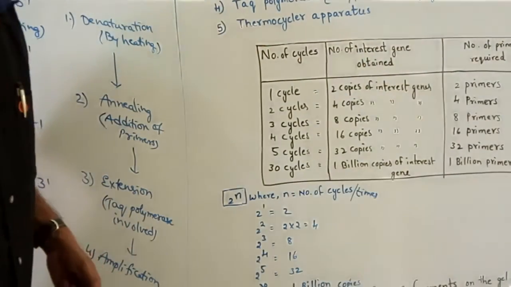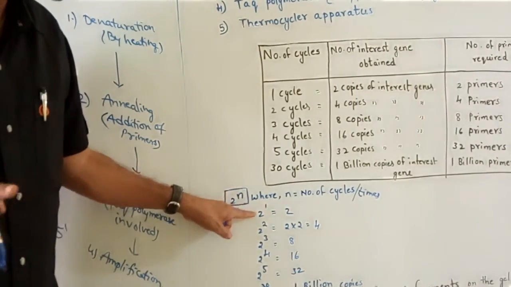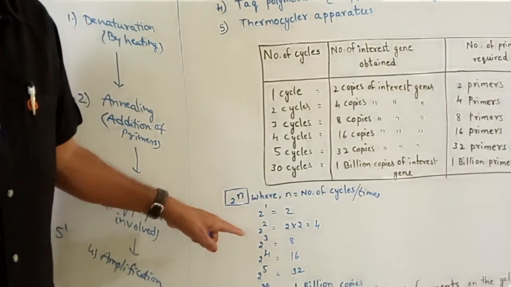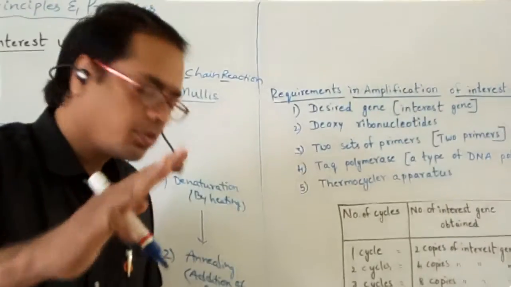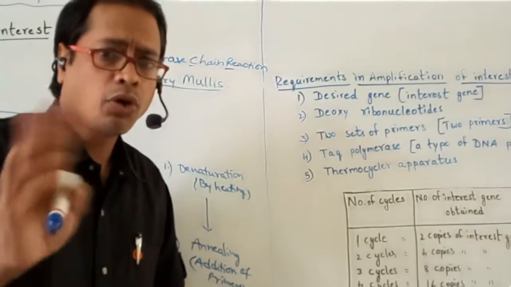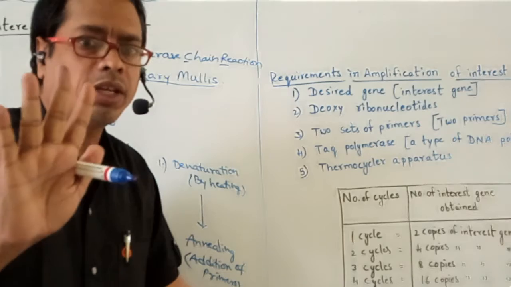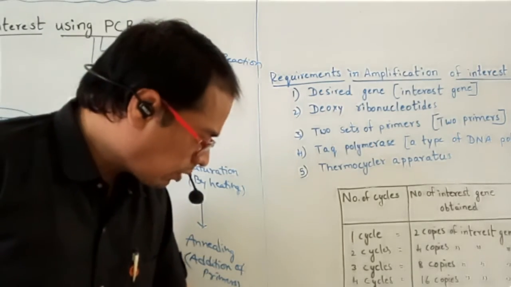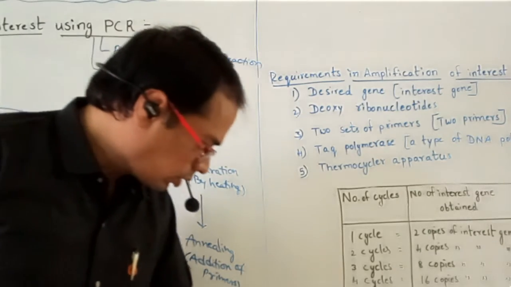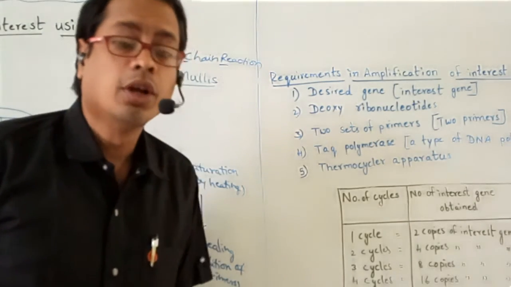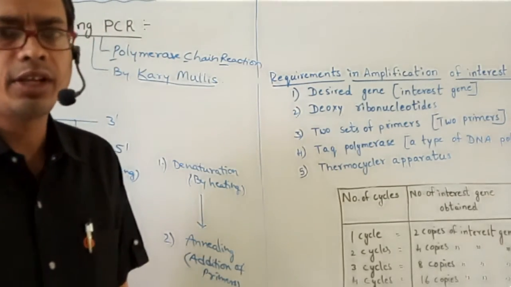If 1 time is done means 2 power 1. 1 cycle means 2 power 1. 2 times, 2 cycles means 2 power 2. 3 cycles, 3 times means 2 power 3. 4 cycles or 4 times means 2 power 4. 5 cycles, or 5 times means 2 power 5. 30 times, 30 cycles means you have to do 2 power 30, that is equal to 1 billion copies of desired genes are obtained, isn't it?